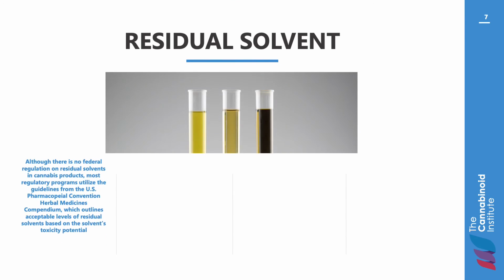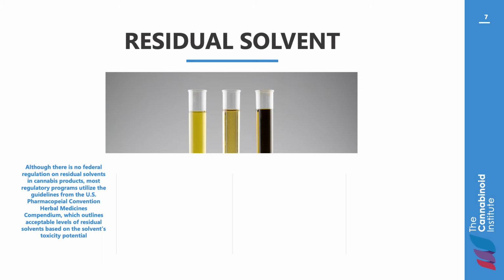Although there is no federal regulation on residual solvents in cannabis products, most regulatory programs utilize the guidelines from the U.S. Pharmacopeial Convention Herbal Medicines Compendium, which outlines acceptable levels of residual solvents based on the solvent's toxicity potential. For example, ethanol is classified as a Class 1 solvent, the lowest risk, with a limit of 0.5% weight by weight in the final product.